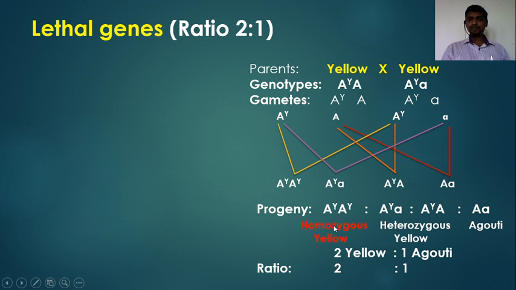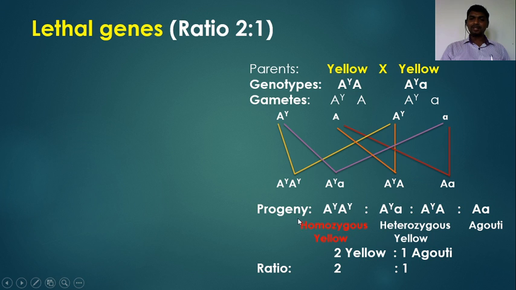So in this case, four individuals are formed: one with the genotype capital AY, AY, another with capital AY, A, capital AY, small a, and capital A, small a. Four types of progeny are formed, but because of the homozygous condition, the death of the homozygous yellow individual occurs in the uterus.